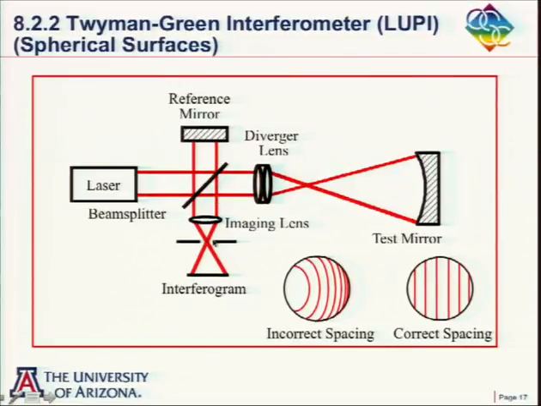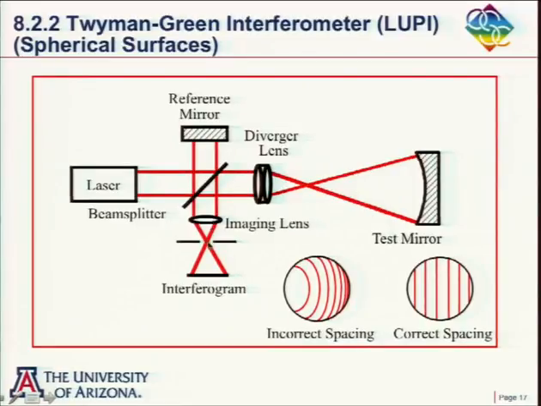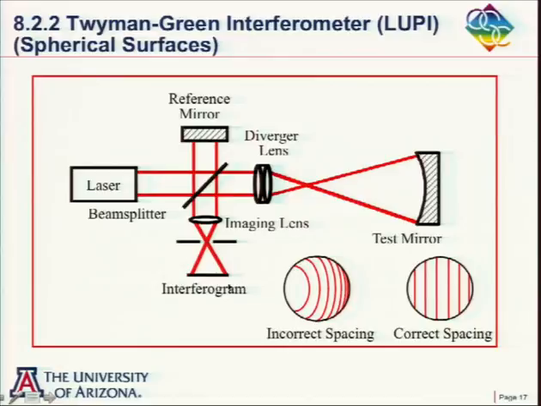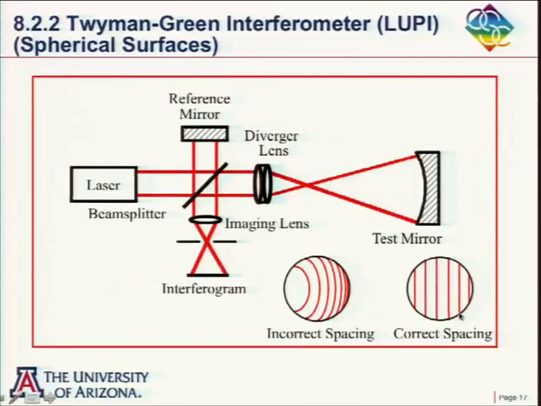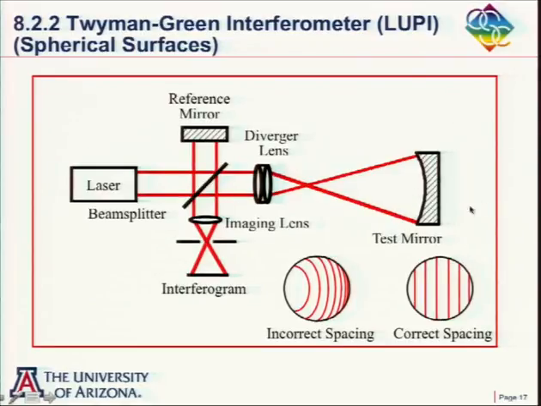And now if I look down here, I would see 2 spots, one from the reference and one from the test. And I would just tip and tilt to bring these 2 spots together. And if I look down here in the interferogram plane, then I will see the interference fringes, and they'll probably be curved. But then you just tweak the distance here a little bit to get straight fringes. So a concave is wonderful.